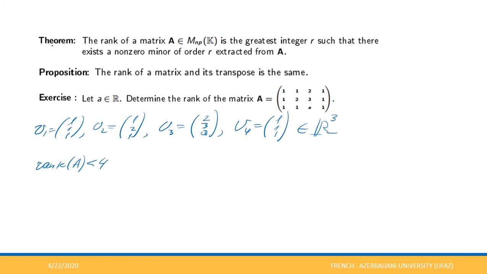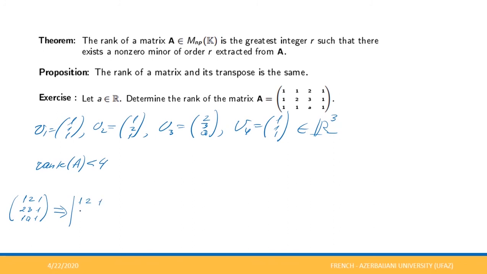Then we use this theorem in order to define the rank of A. First we start from the greatest submatrix of A. For example, we can start from this one: 1, 2, 1, 2, 3, 1, 1, A, 1. We calculate its determinant.